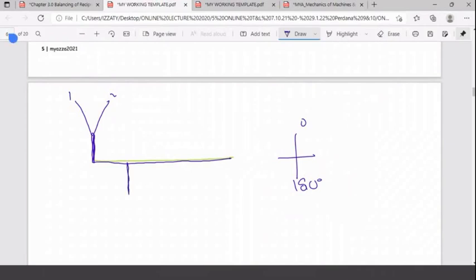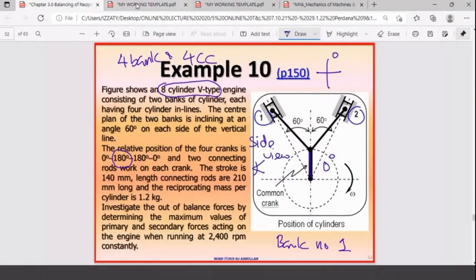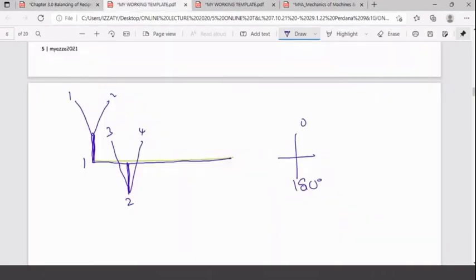So it carries cylinder number 3 and number 4. This one is bang number 1, bang number 2. Bang number 3 is at another 180, and bang number 3 also carries cylinders 5 and 6, with common cranks 1, 2, 3.